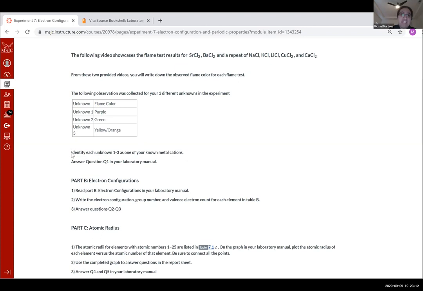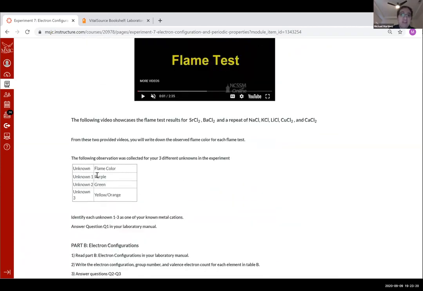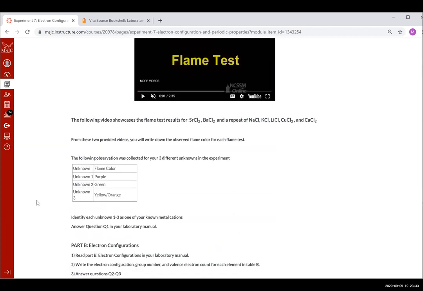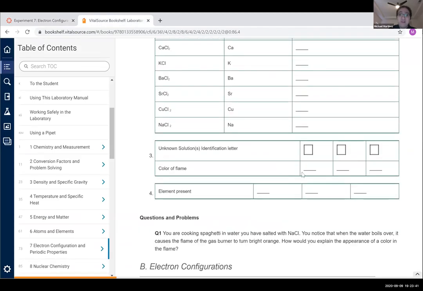And then you're going to identify each of these 3 unknowns as one of your known samples by comparing your unknown flame color to your known flame colors. So in the little boxes, it's just 1, 2, and 3, and then the colors. Yep, exactly. Your job is to compare the color for your known sample with your unknown sample, and then assign the element in your unknown. Does that make sense?